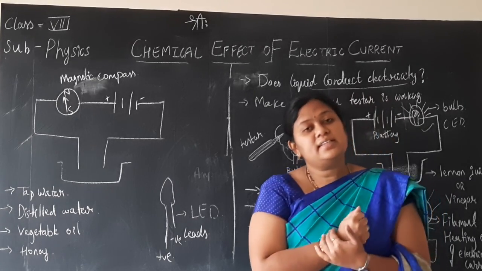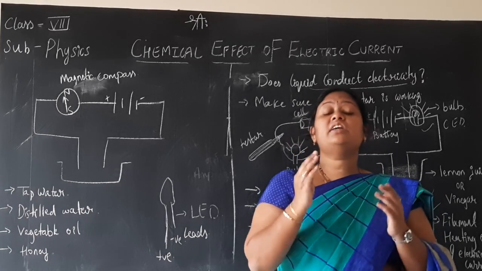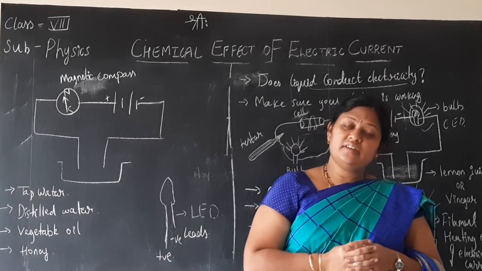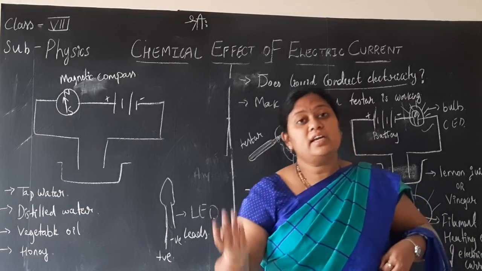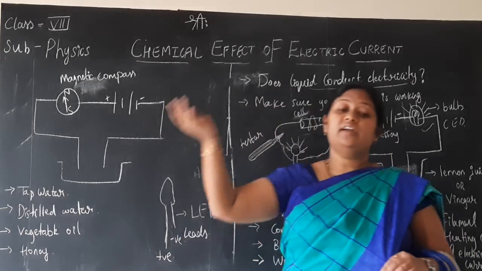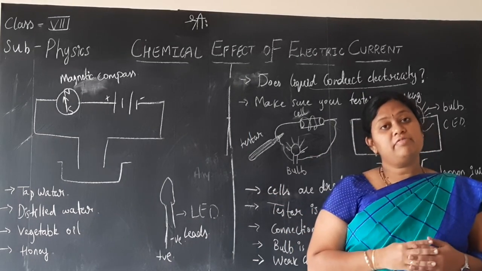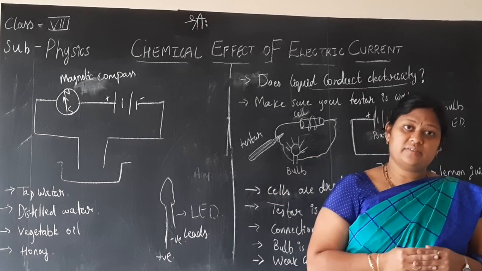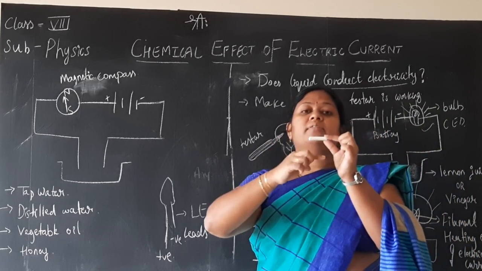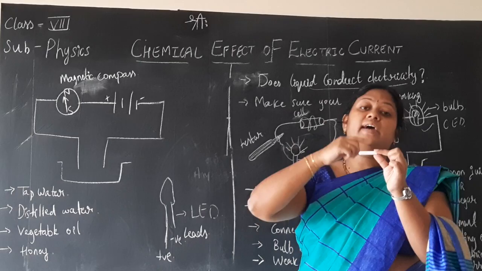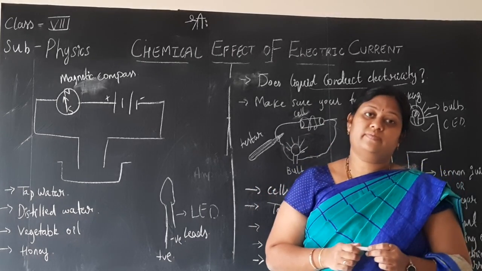You have studied this in your lower class, the magnetic effect of electric current, isn't it? A current carrying conductor can produce the magnetic effect or magnetic field around it. Any current carrying conductor you consider has a magnetic field produced around it.